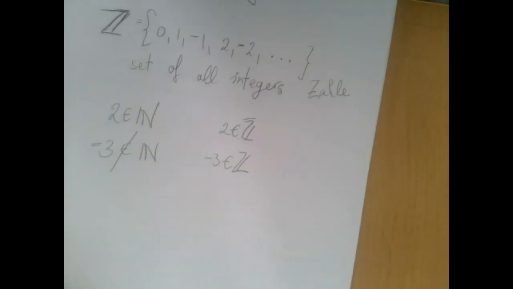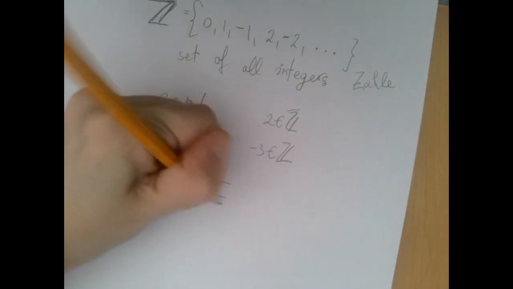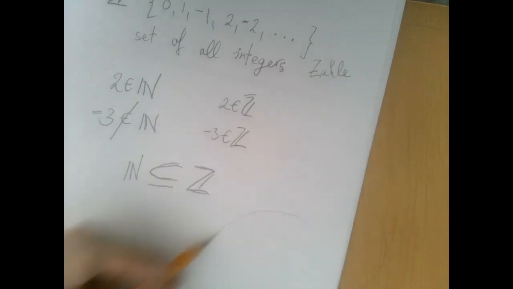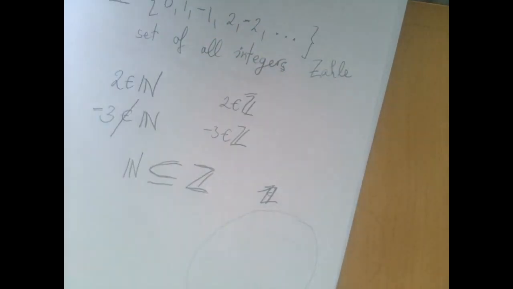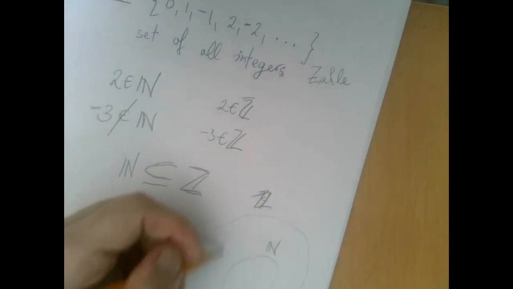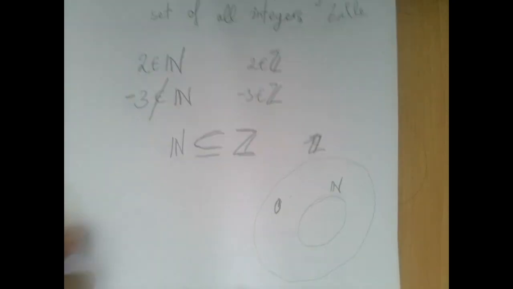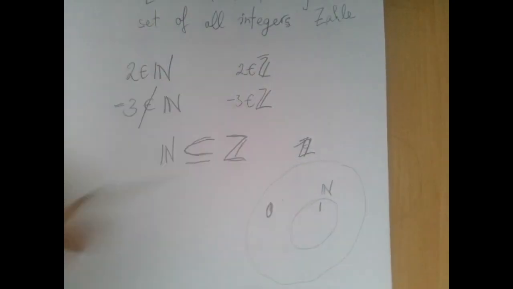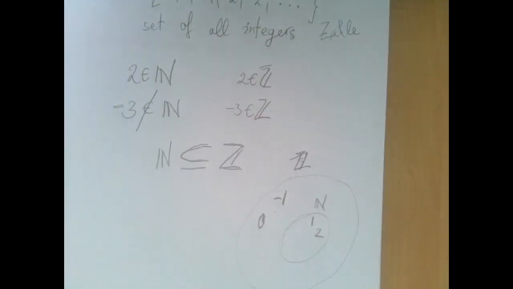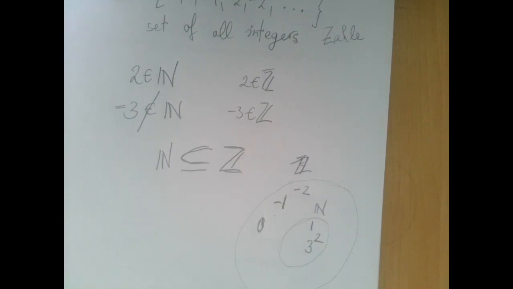So where I'm going is the fact that the set of all natural numbers is a subset of the set of all integers, right? Because we could draw a picture for the integers that would completely contain the other set. We would say, okay, let's have 0 here, and then 1 would go here, -1 again outside, 2 would go inside, -2 outside. There is a pattern here, right? 3, -3.